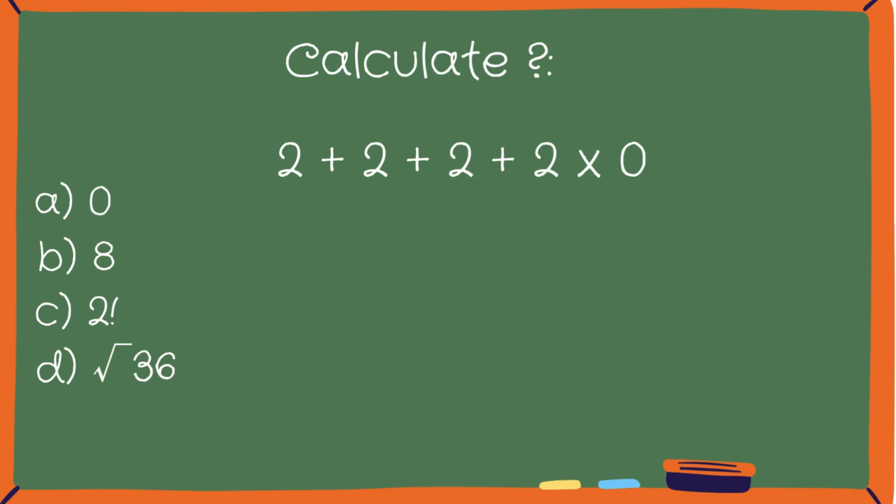What is it? It's 0. Okay, and what did I get? 2 plus 2 plus 2 plus 0. What is it? 2 plus 2 is 4. 4 plus 2 is 6. 6 plus 0 equals 6, which is exactly the answer I was looking for. Answer letter D, which is the square root of 36, which is 6.